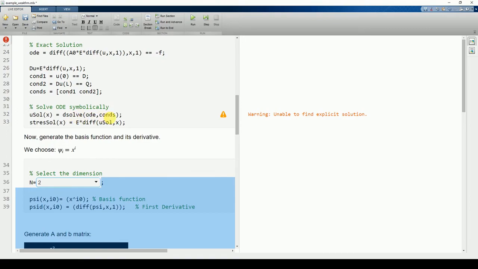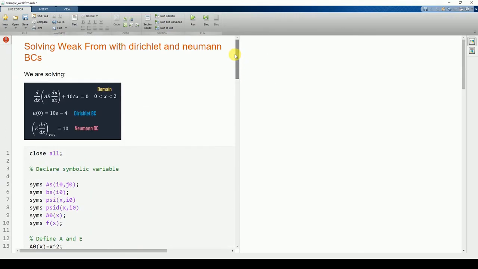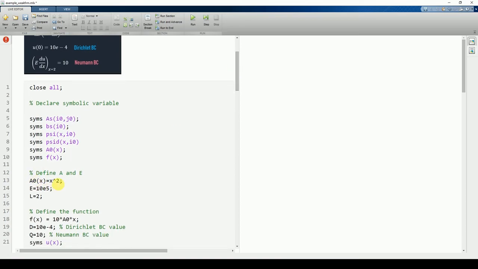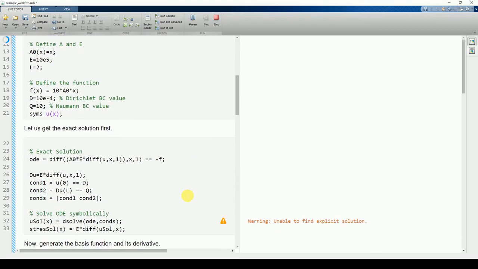So what the problem is with this solution, this A naught, I guess. Again, we are not able to solve for that. Let us take constant A then.